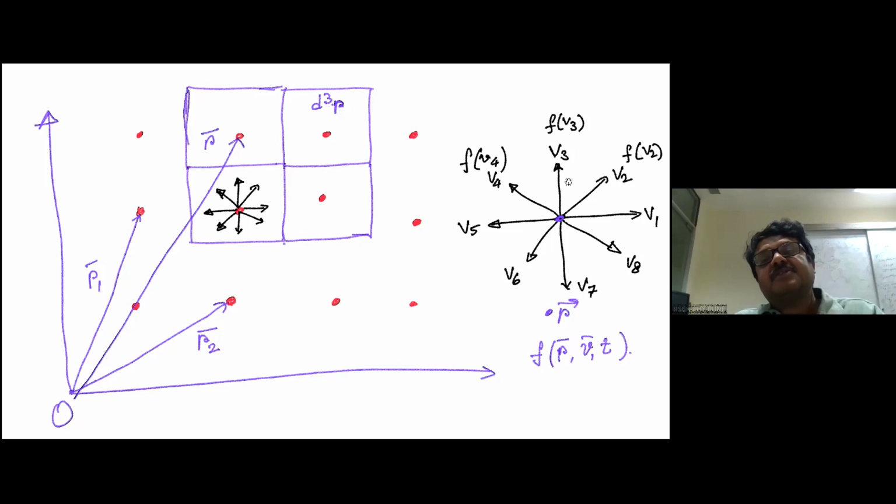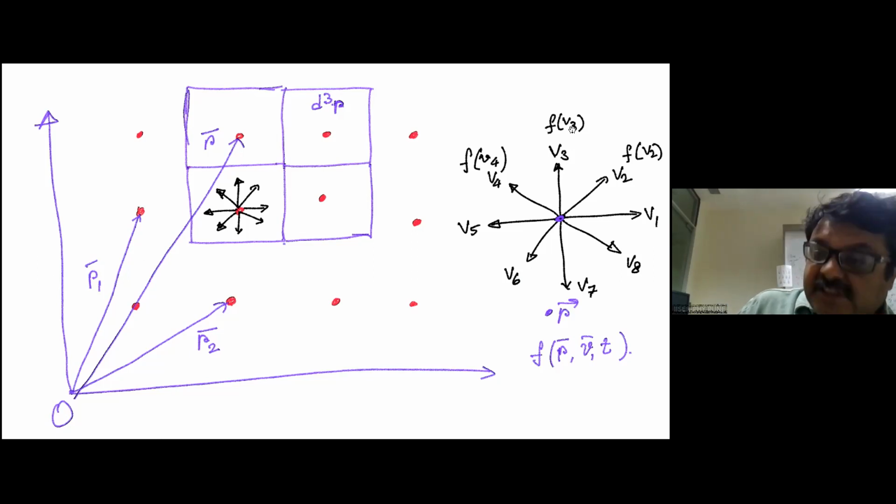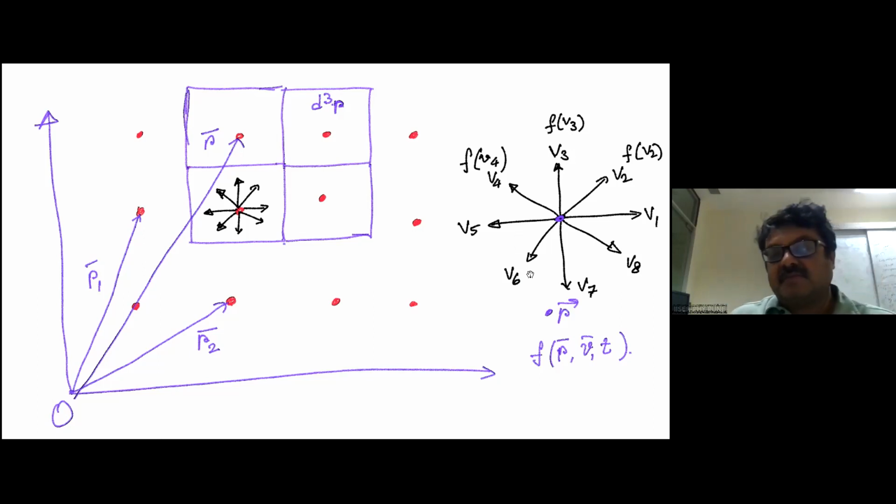But the inverse collision could also happen, in that some particles which have velocity v3, on colliding with, say, v6, depending upon the scattering cross section, could start moving with velocity v1.